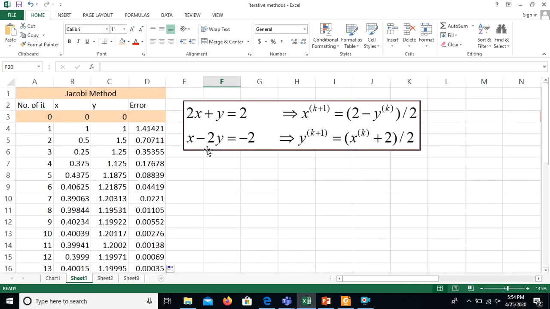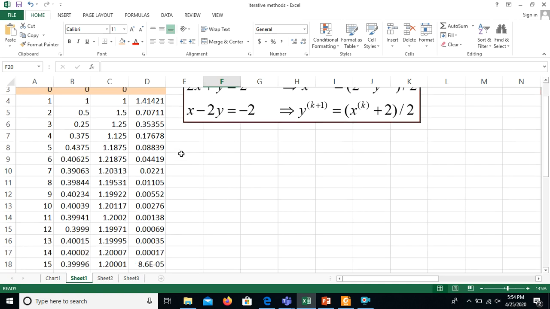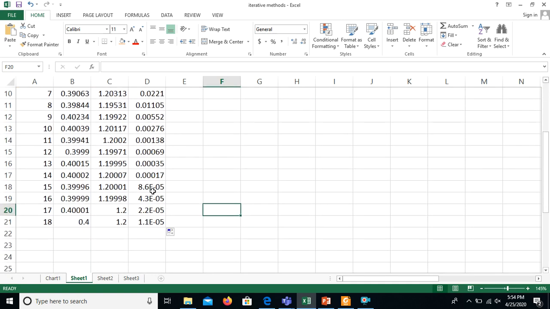There is one important thing. In a system of linear equations, it is always the choice of the analyst how to order the equations. So I urge you to change the order, like eliminate x from the second equation and eliminate y from the first equation, and you will find, interestingly, that the error in that case will not converge.